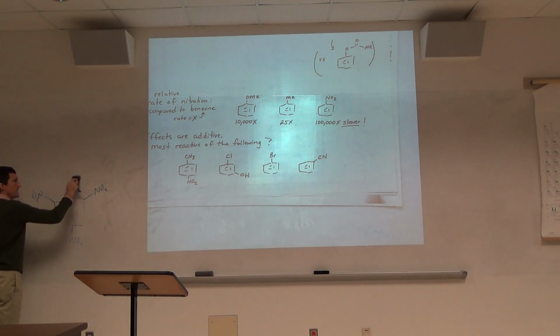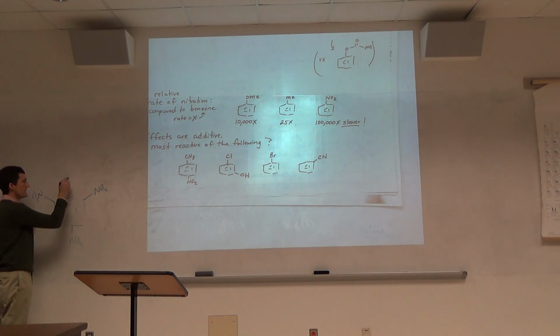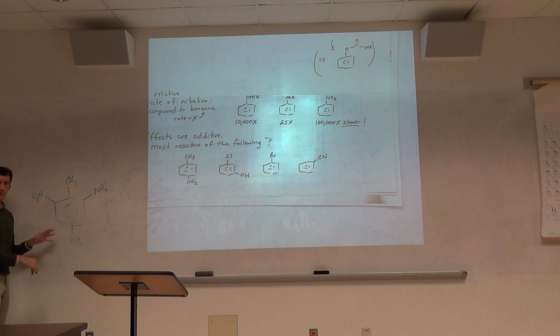What if the methyl wasn't there? Is it easier to make trinitrobenzene than trinitrotoluene? Or with the methyl there, does it help us? Yeah, that's one of the reasons the methyl is there, because you can put 3 nitros on toluene relatively easily.